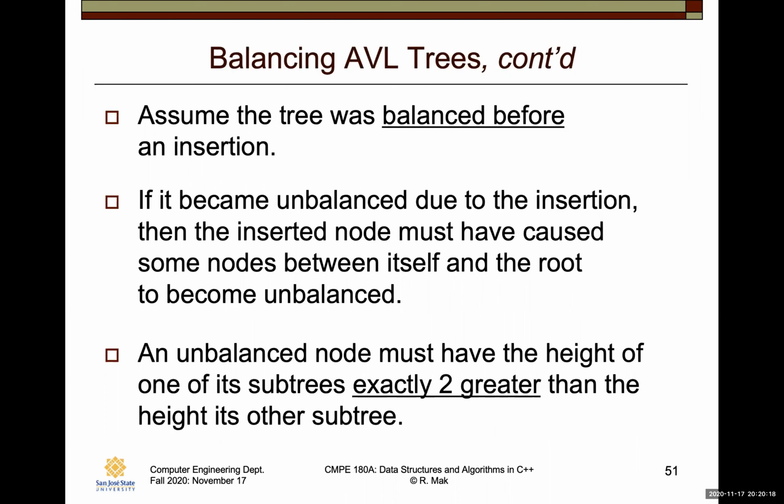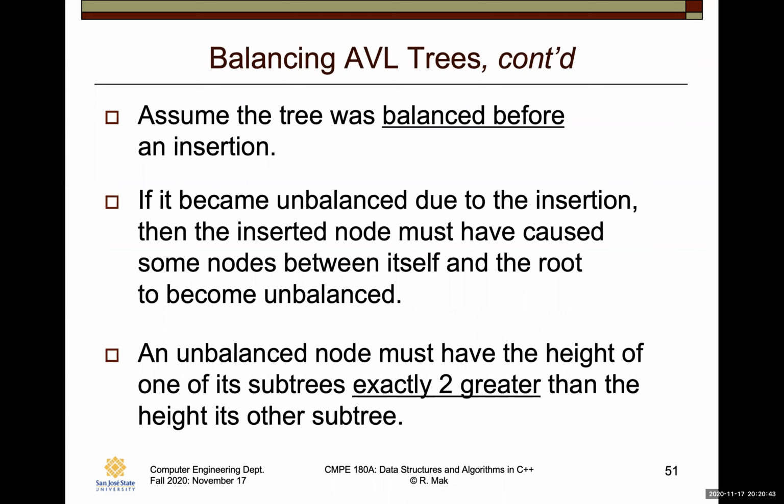And because we assume that the tree was balanced before the insertion, the fact that that node has become unbalanced means that one of its subtrees now has a height that's 2 greater than the other subtree.